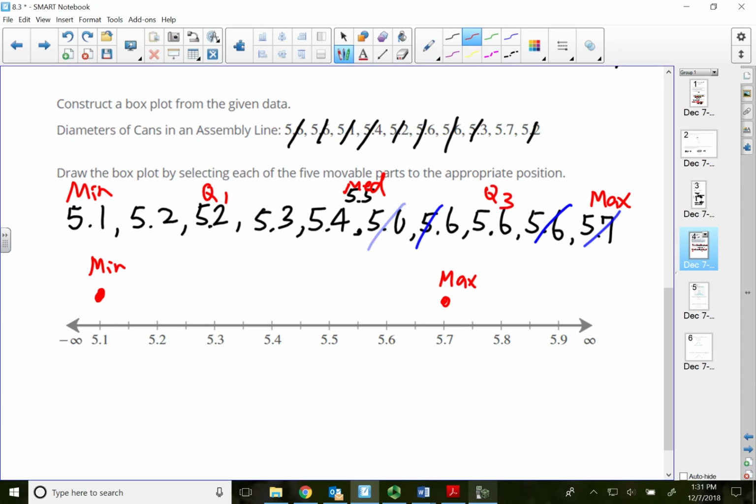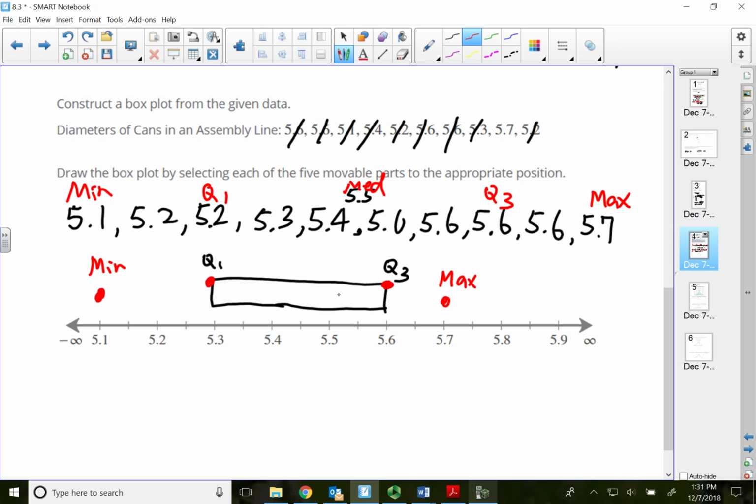All right, so box whisker plot, the box actually starts from Q1 to Q3. And Q3 is 5.6. So the box will be right here. Okay, so that's Q1, and this is Q3. Q1 is 5.3. Q3 is 5.6. So where's the median at? 5.5.